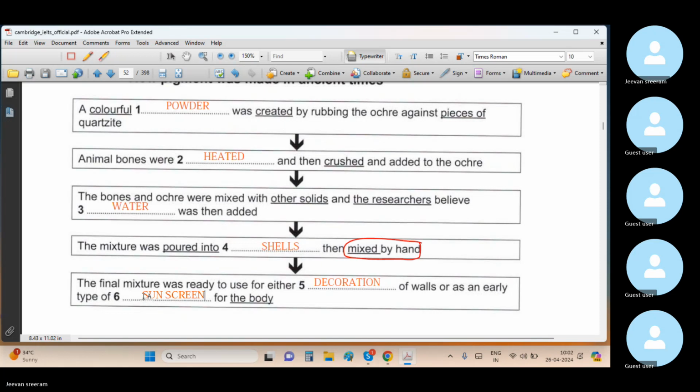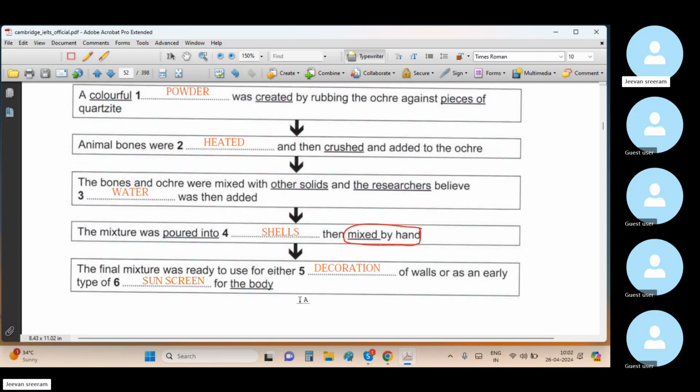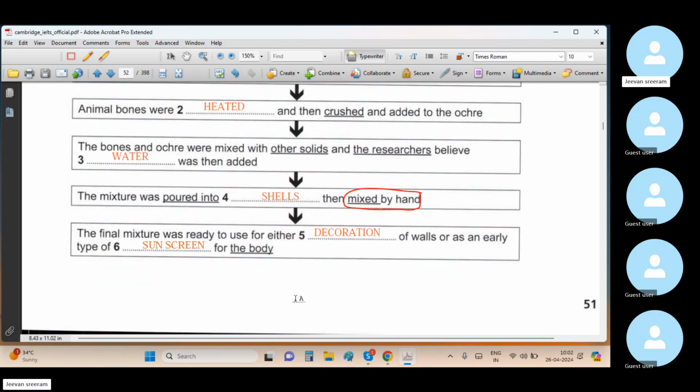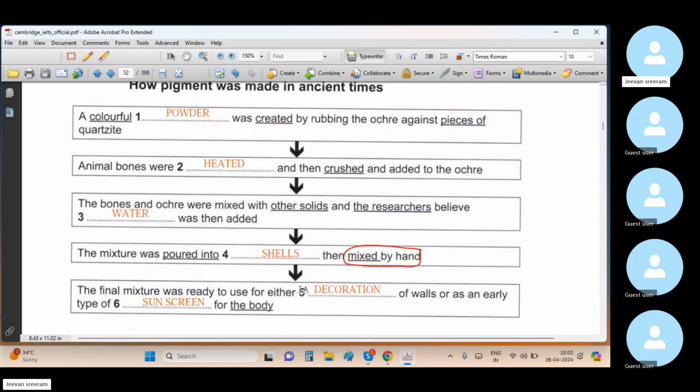So every minute detail, even footnotes, is important while you are answering. There will be some footnotes given in the passage. You have to take care of them while answering. The information given in the bracket is as important as the other information in the passage. So please check your answers once again. Sunscreen is a single word as per the passage.